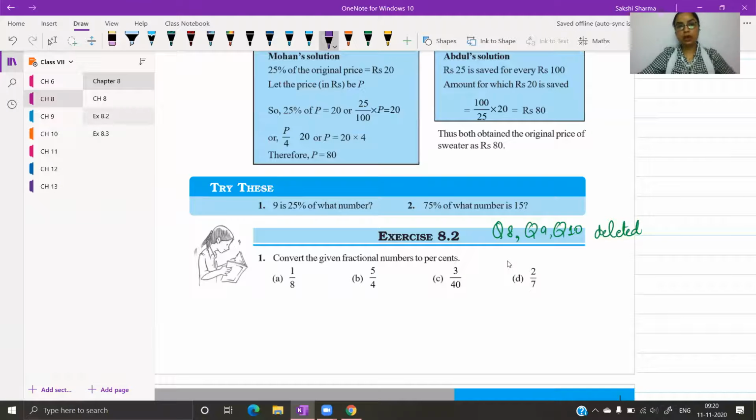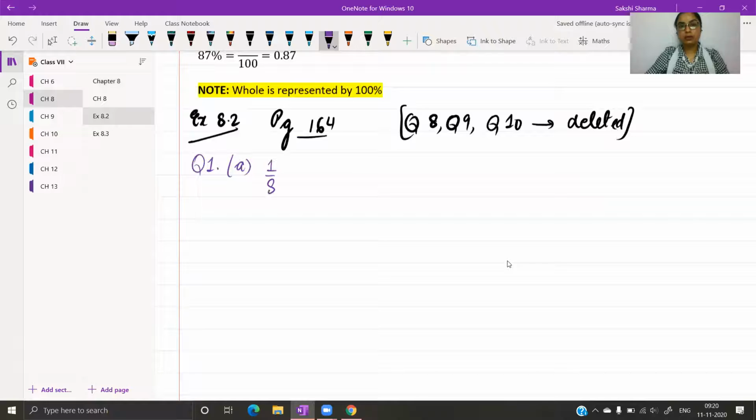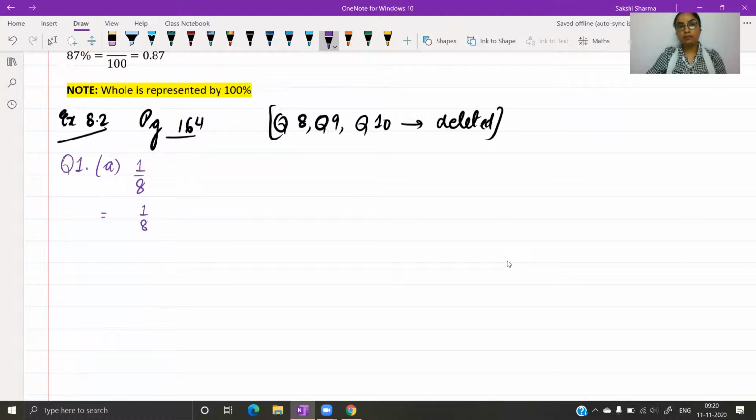First fraction that you have is 1/8. And what we want to do is, we would like to multiply it with 100%. And if you look closely, 100% actually means 100 out of 100. That is 1.